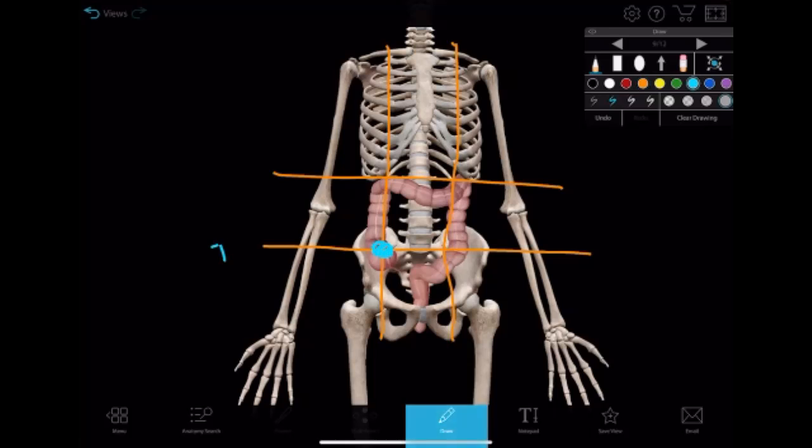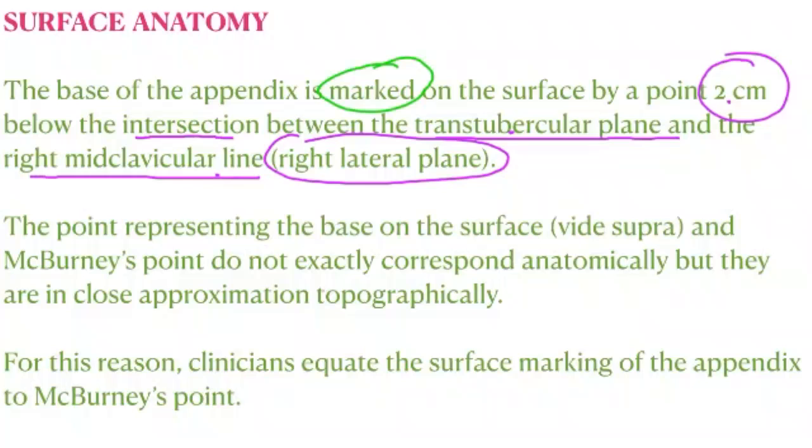Okay, this is the TT plane and this one is the midclavicular plane. So the appendix lies 2 centimeters below. The base of the appendix lies 2 centimeters below the intersection of the transtubercular plane and the midclavicular plane. Okay, that is the usual.